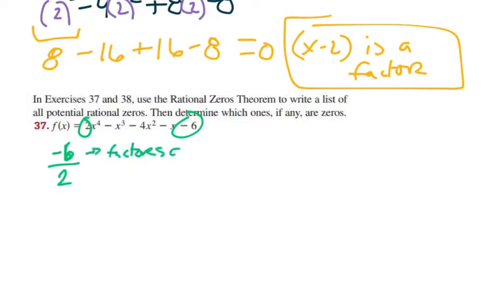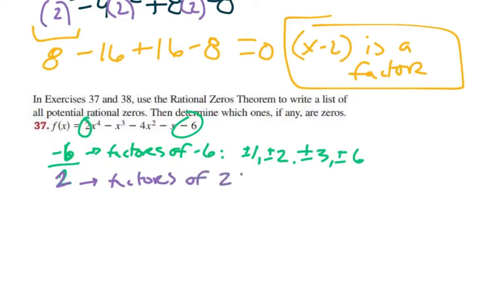factors of negative 6 are going to be plus or minus 1, plus or minus 2, plus or minus 3, and plus or minus 6. And then for the second one here, the factors of 2, since it's prime, are just 1 and itself.